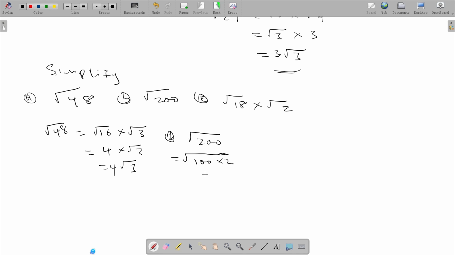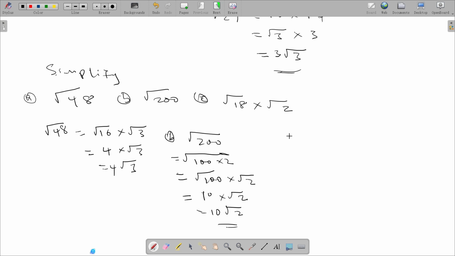Since 100 is a square number, it's going to make things easier for me. So I can just break it down. It's the same as square root of 100 times square root of 2. We do know that square root of 100 is 10, so we have 10 times square root of 2, which is 10 root 2. That's it.